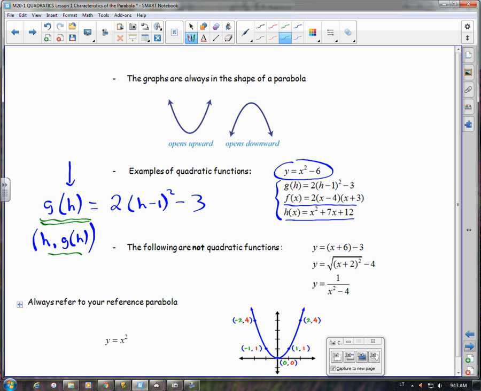Basically, instead of saying y equals something with an x in it, this could be a specific function. Let's call it the gravity function. The gravity function is dependent upon h. So maybe h represents height. Well, of course, on planet Earth, gravity is the same.